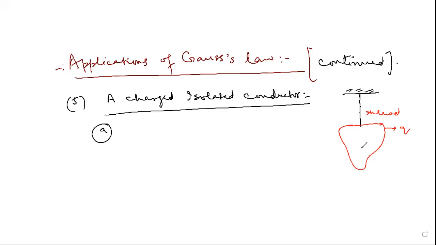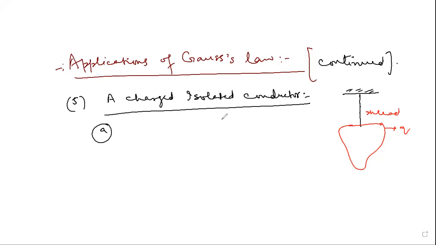None of it is found within the body of the conductor. And I already emphasized, and I'm repeating, that a current carrying wire is not an isolated conductor. An isolated conductor is that conductor which is charged and is left isolated from any charge source.